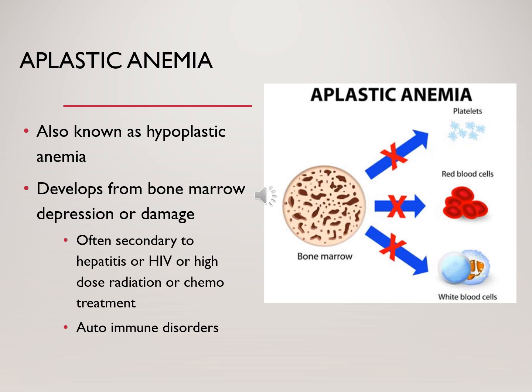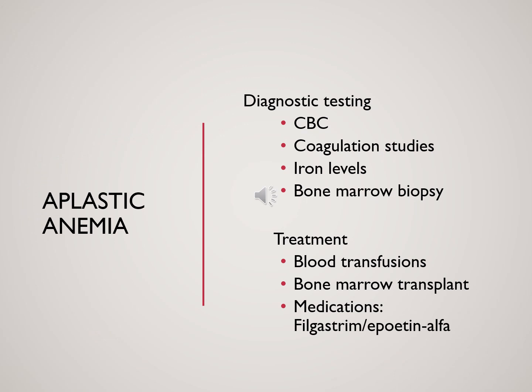Clinical manifestations are as with other anemias, and these patients are susceptible to infection and bleeding as well. CBC results reveal pancytopenia, so all counts are low. Due to the potential for thrombocytopenia, coagulation testing is important to evaluate the risk of bleeding.